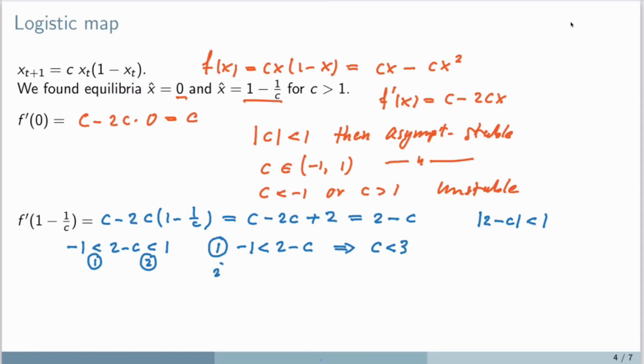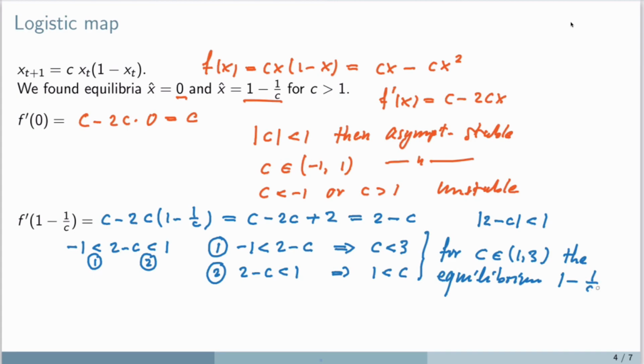Inequality 2 says 2 minus c is less than 1, so this implies that 1 is less than c. So together we get two conditions, c must be between 1 and 3. So for c between 1 and 3, the equilibrium 1 minus 1 divided by c is asymptotically stable.